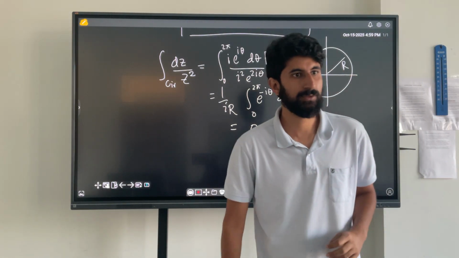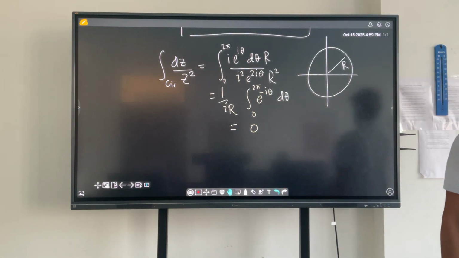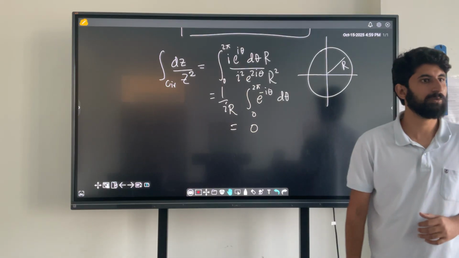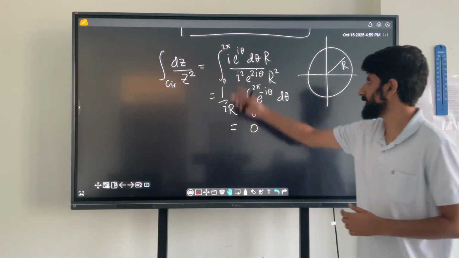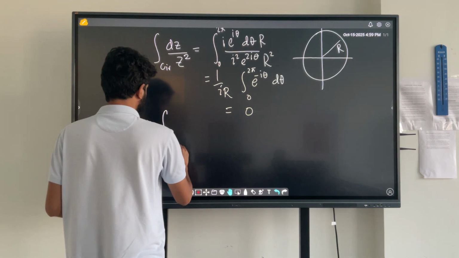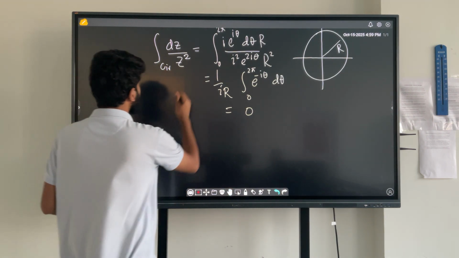You will see I can reduce any complex function to integrating 1 by z, 1 by z squared. What about something else? What about the integral over the circle of dz by z squared? I can write down this result.